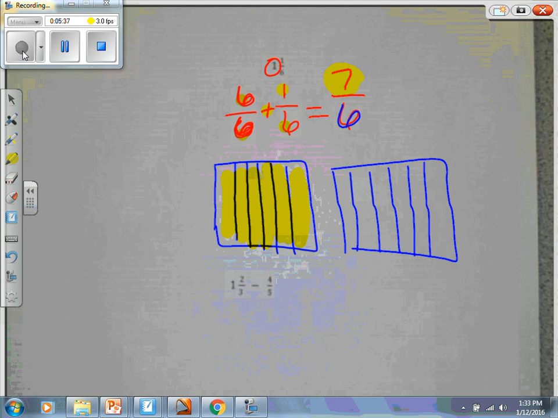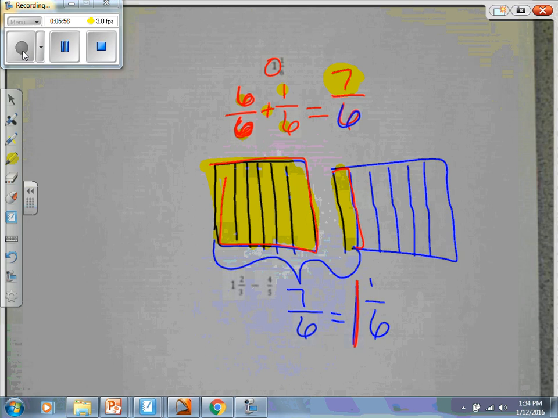So in this one, I had 6 and 7. So this one represents 7/6, or 7 out of 6, which is also equal to my original fraction, 1 whole. You can see here, 1 whole, and 1/6.